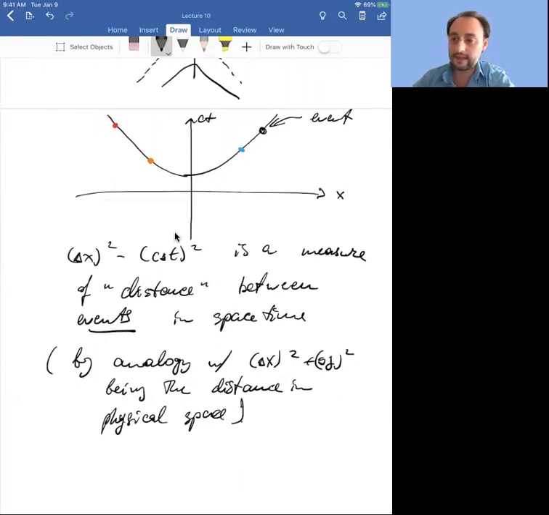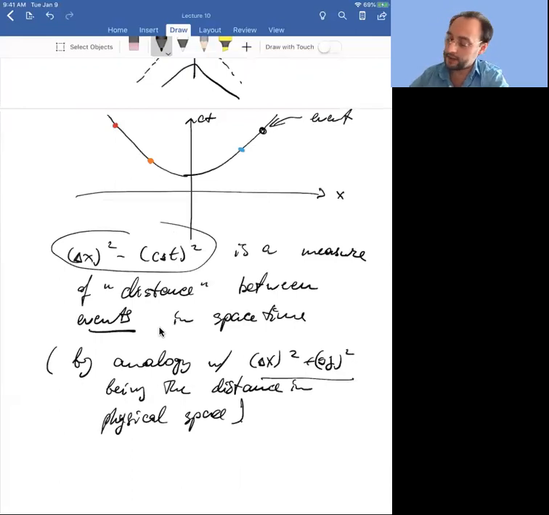So this is a distance in physical space, and this is a distance in space-time. So space-time has different geometric properties than Euclidean space. And for those of you who are curious, it's also called Minkowski space, but don't worry about it. You don't have to know that.